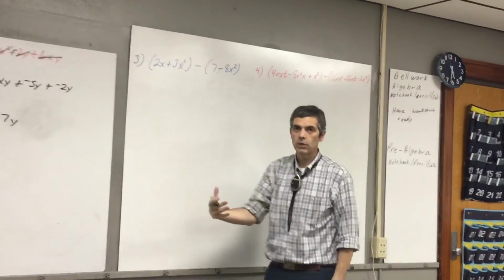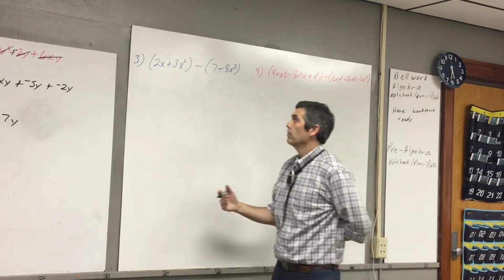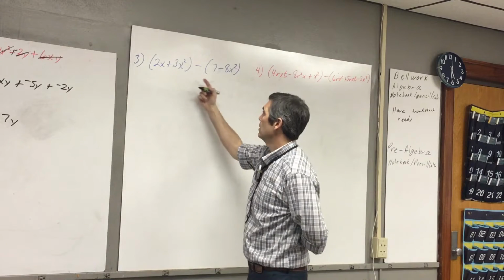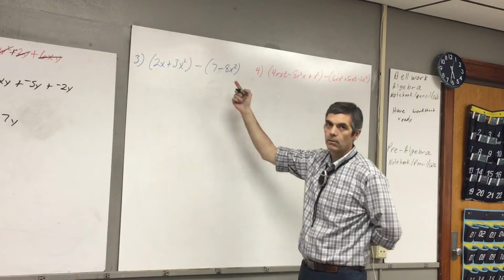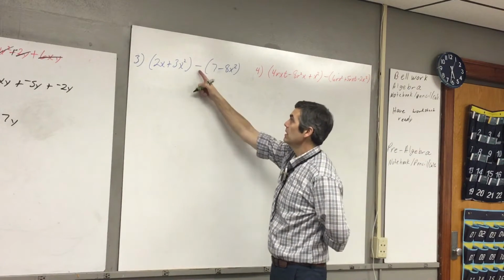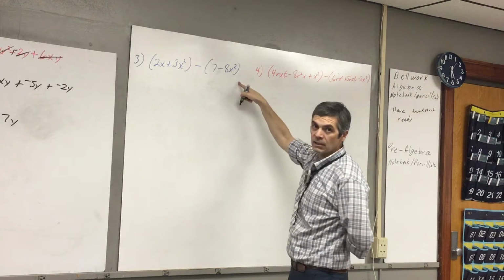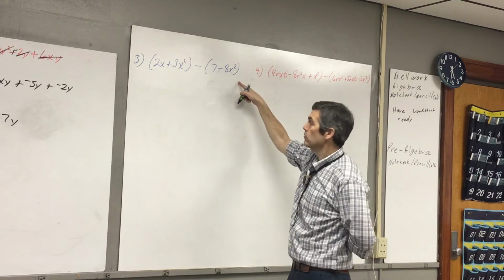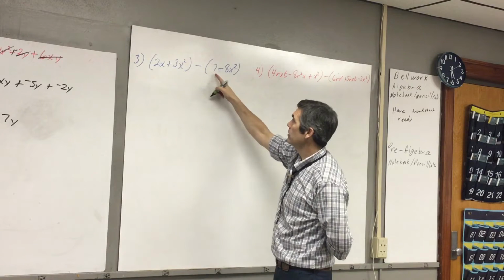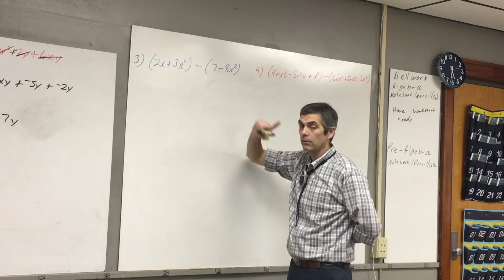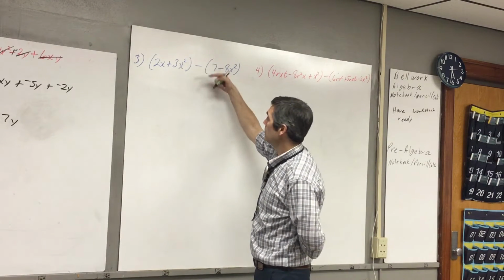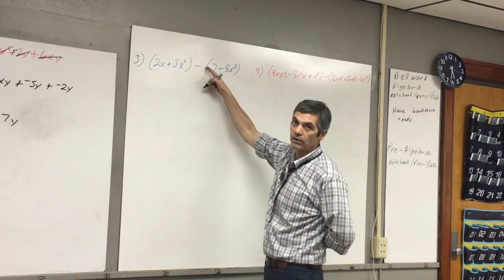Let's take a look at subtraction here. Well, now we're taking this and subtracting this out of it. All right. But this goes with everything inside of there. So now you've got to take this and distribute it to everything inside theirs. Now remember, there's an invisible 1 in front of this.